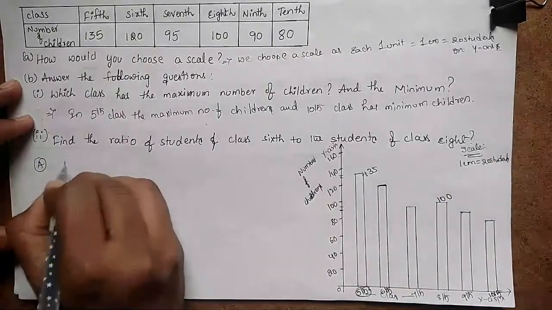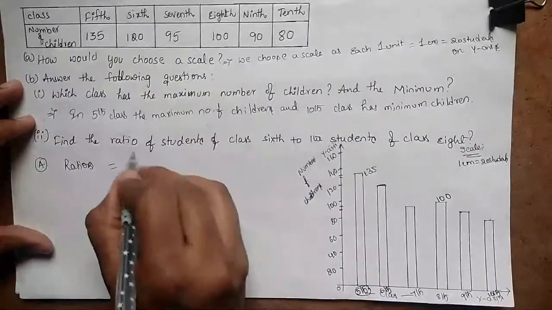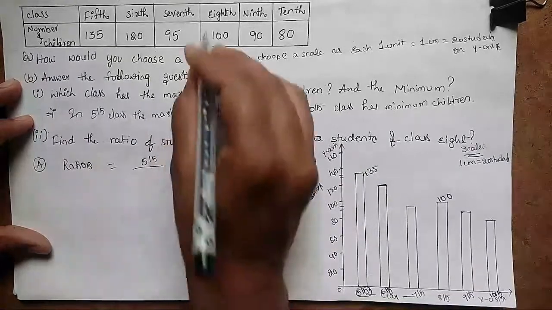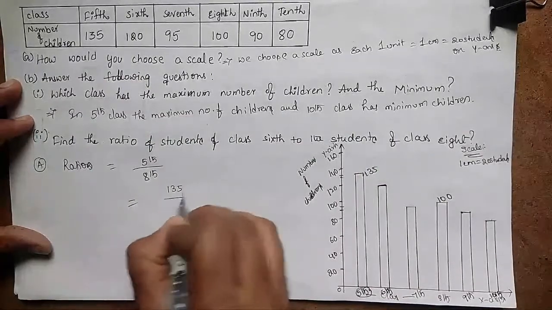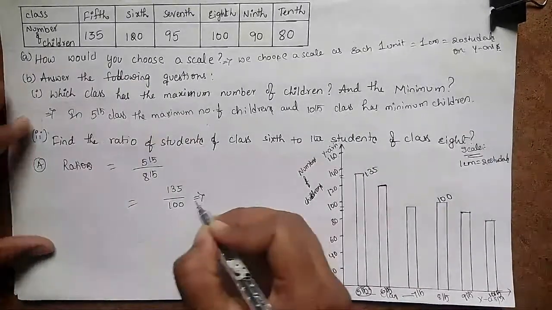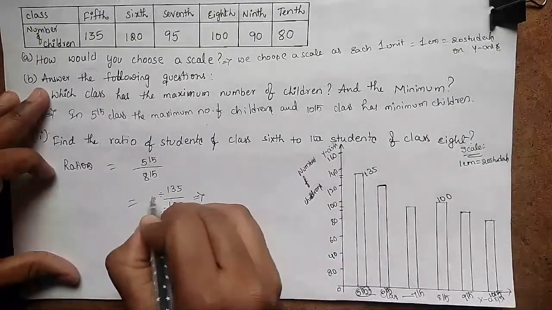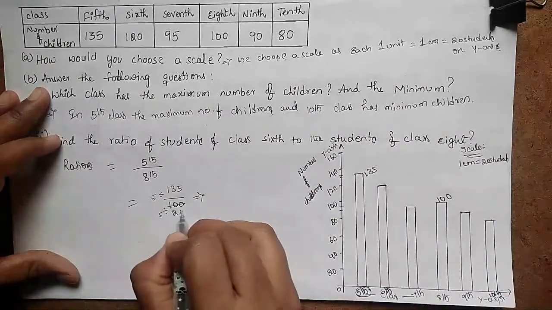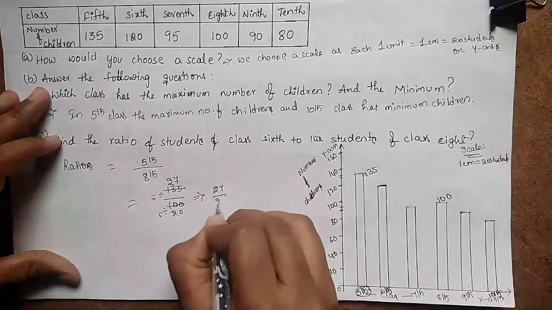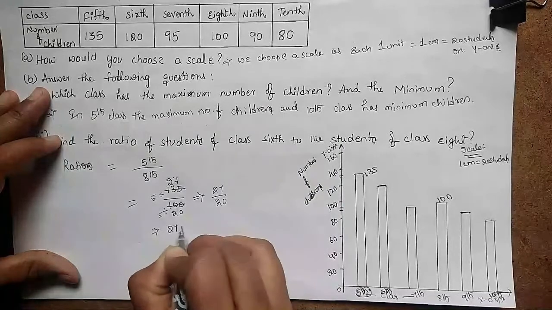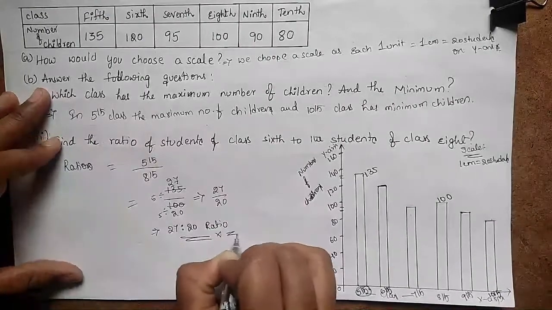The ratio is for the 5th class and the 8th class. 135 students are there in the 5th, and 100 students in the 8th. Divide by 5 in both numerator and denominator: 5 twenties are 100, 5 twenty-sevens are 135. So it is 27 by 20, in the ratio of 27 is to 20. This was the answer for the question.